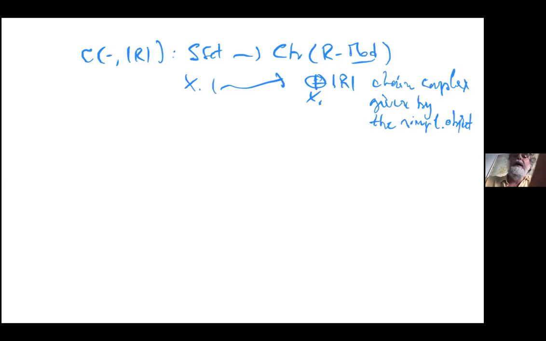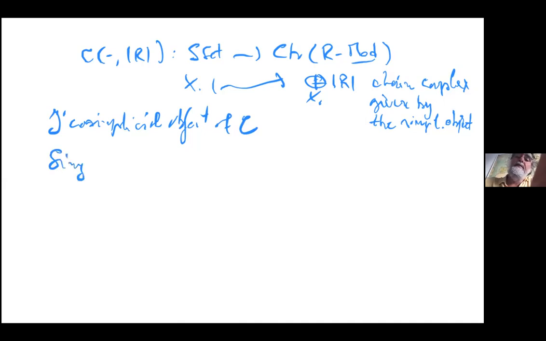So if you have a cosimplicial object of C, as usual, we can take the singular complex of X to be Hom of C into X, and this gives a functor from C to simplicial sets.